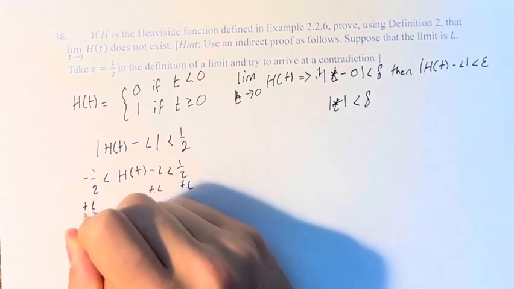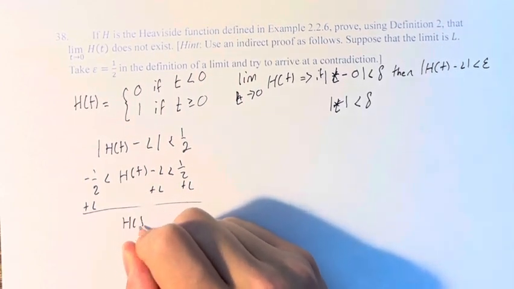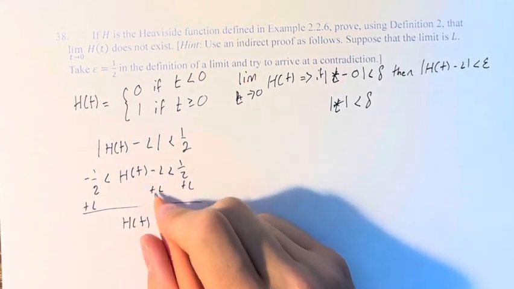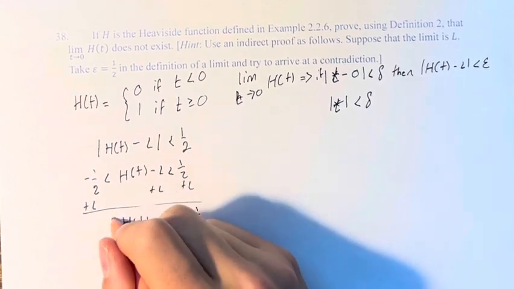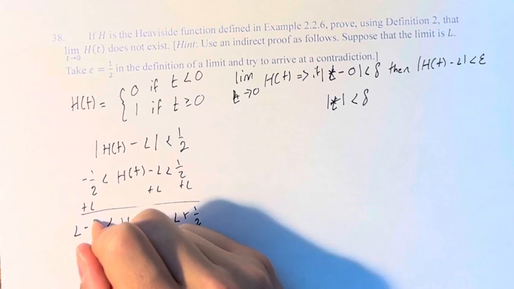Adding L, h of t is less than L plus 1/2 and greater than L minus 1/2.